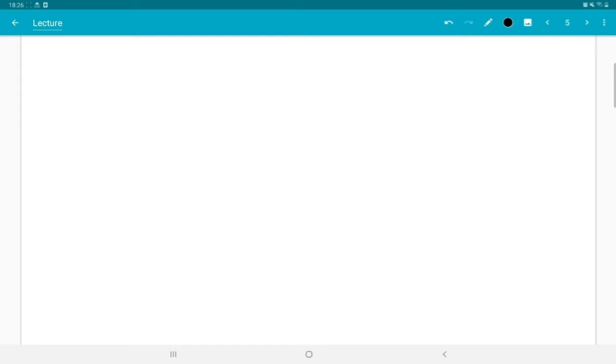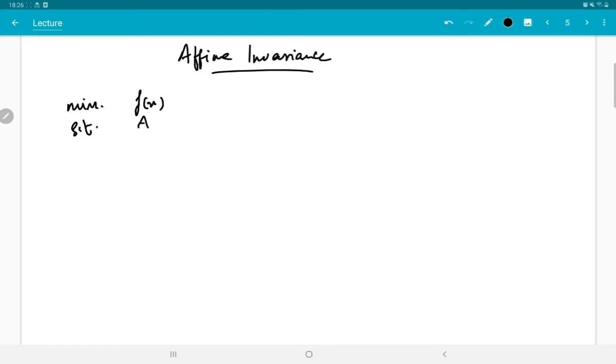A property called affine invariance held in the unconstrained case. Let us see if it holds in the constrained case as well. Because the definition of the step is changed now, we have to check if the affine invariance holds under this new definition as well. The original optimization problem that we had is to minimize f(x) subject to Ax equal to b.